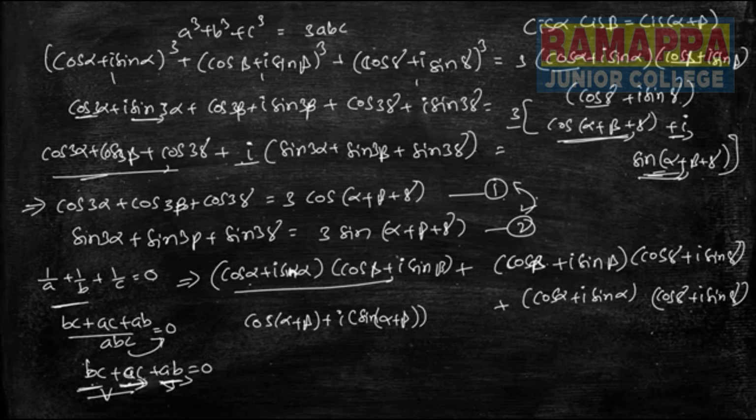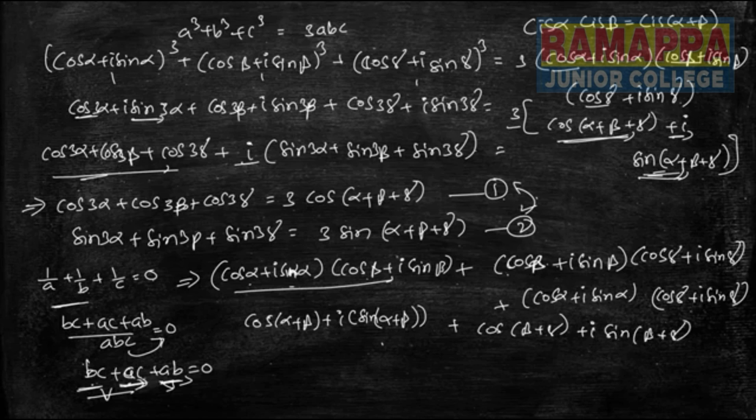I told you already. So from this we will get this one. And another thing, cos of beta plus gamma plus i into sin of beta plus gamma will come.